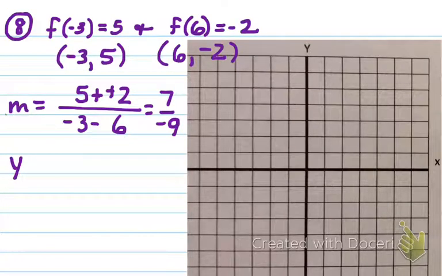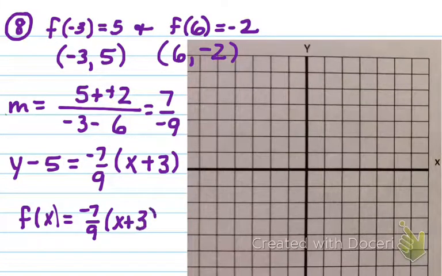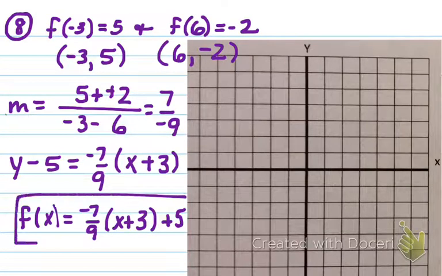So if we use point-slope form, and I'll use the first point, y minus 5 equals negative 7/9 times x plus 3. And then since it does say function form, we should write that as f of x equals negative 7/9 times x plus 3, plus 5, to make sure we have it in function form.